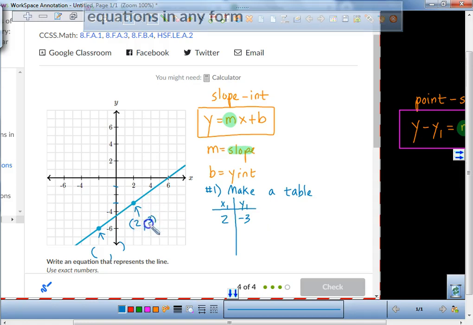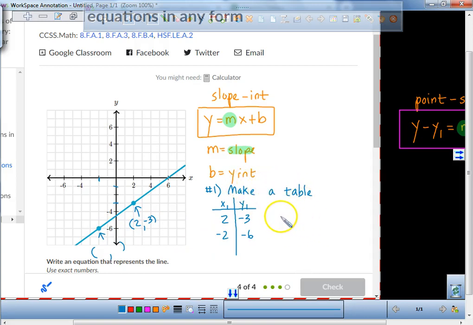Anybody else in the class want to take a challenge at this one? Go ahead. What are we at, right? Good. Negative 2, negative 6. Very good. So when you guys are doing this, the very first thing I want you to do is make a table.